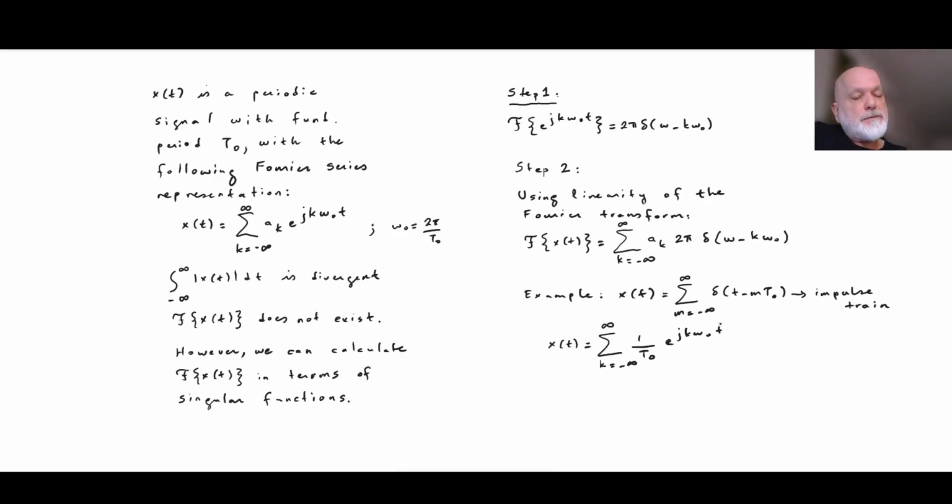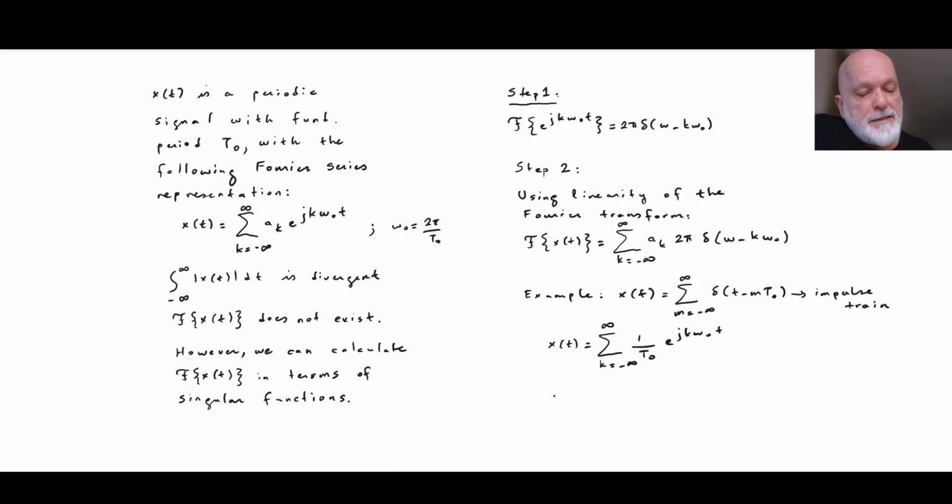Remember, in the Fourier series expression of the impulse train, the Fourier coefficients are all equal to 1 over T0. So we interpreted this as something related to the singularity of the signal. All frequency components are represented with equal weight.